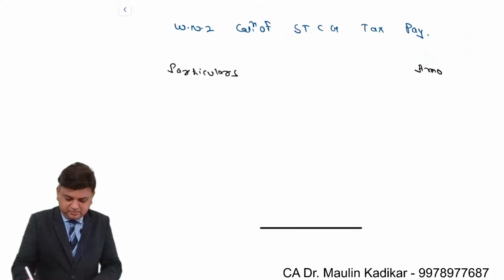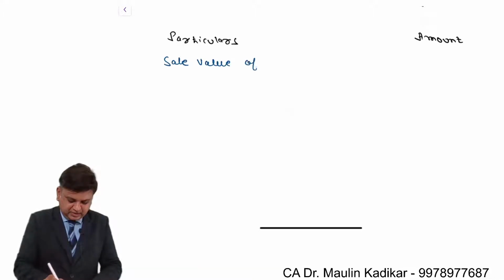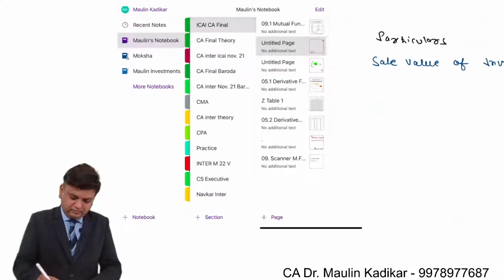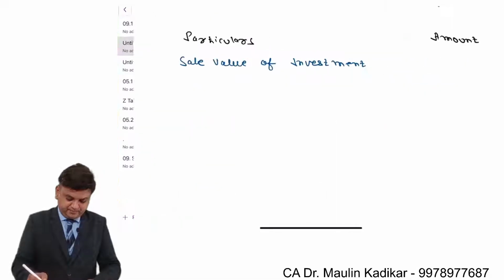Particulars, amount. In that we will mention sale value of investment. We understand that say the price at which we have sold or we have redeemed the units is 22.98.